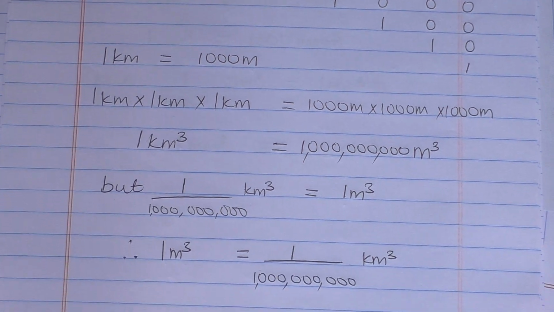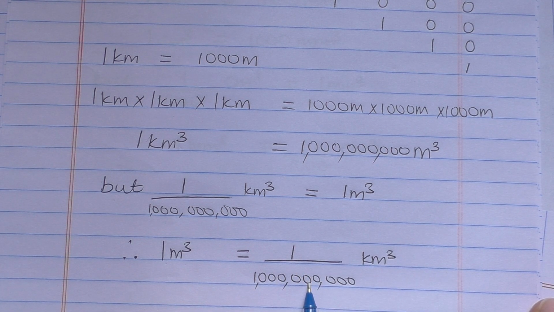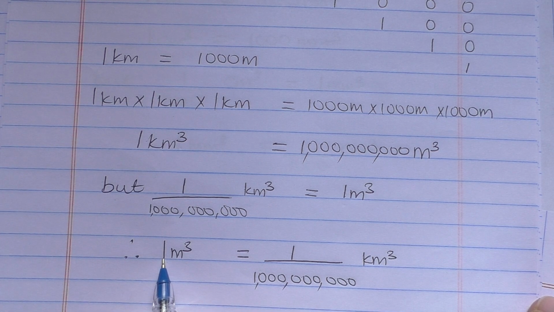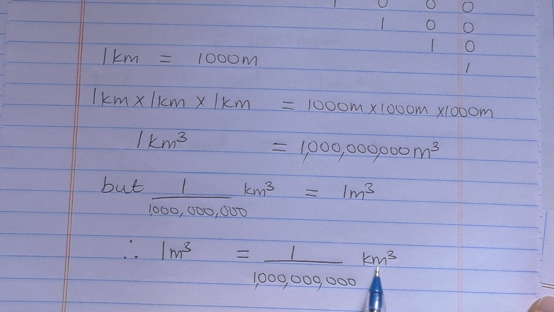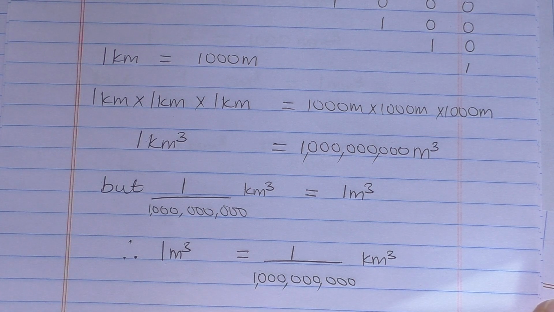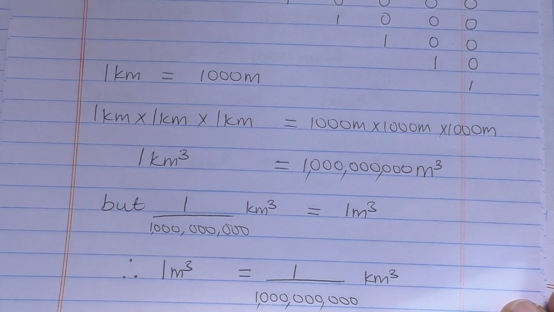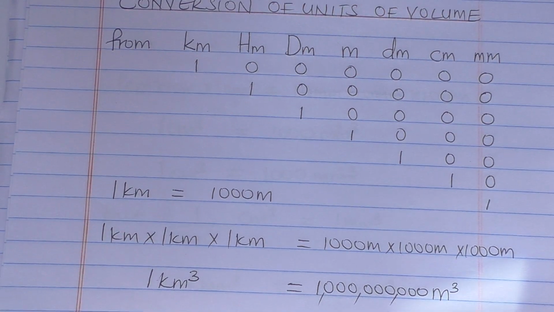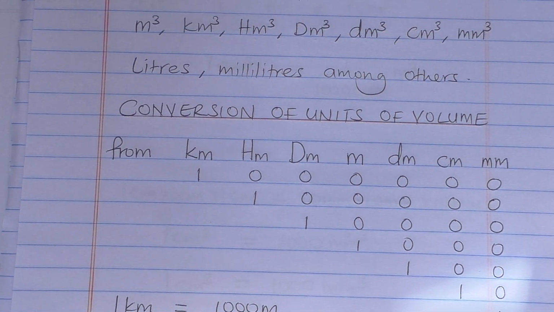And therefore, while converting from meter cubed to kilometer cubed, we shall always divide our given figures by 1 billion. That is when converting from meter cubed to kilometer cubed. Let us look at also how we convert from meter cubed to centimeter cubed.